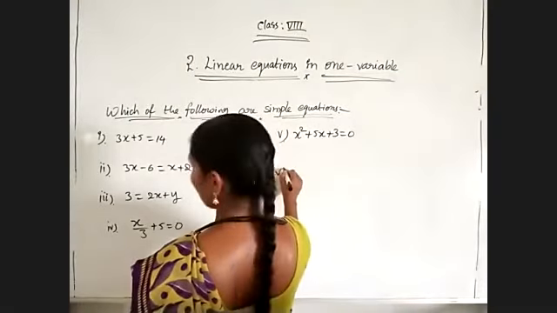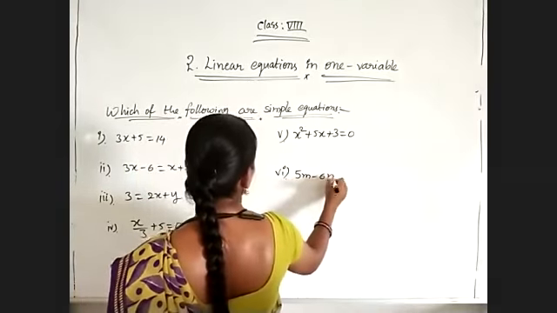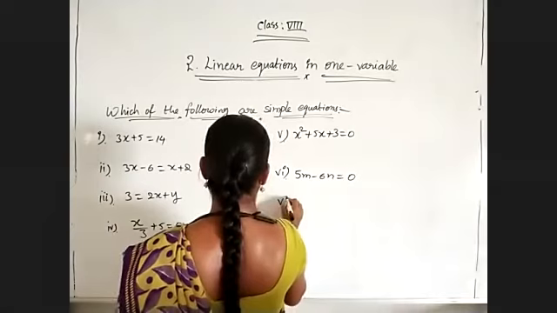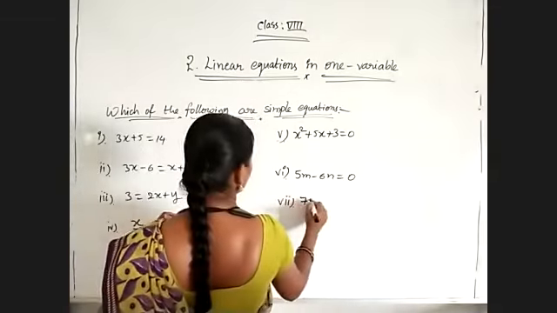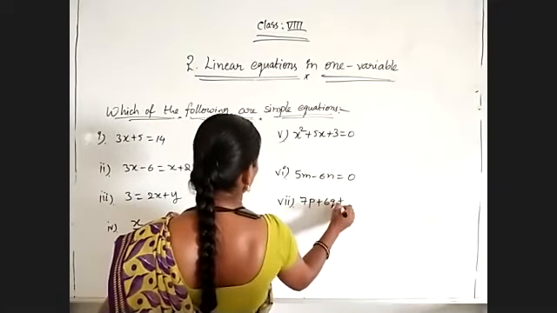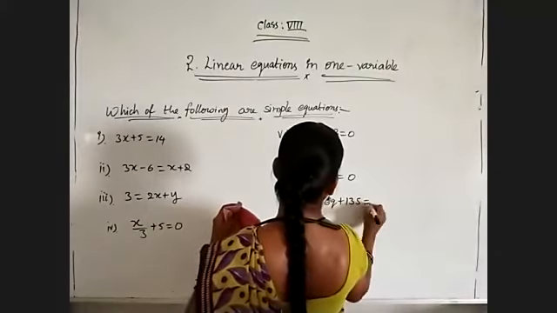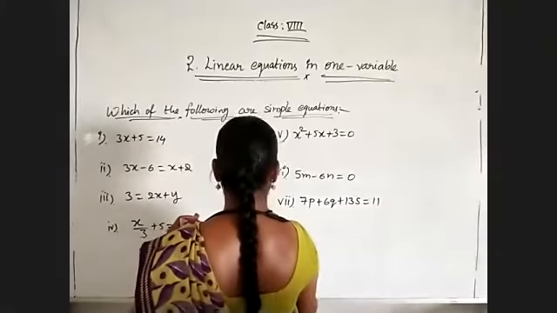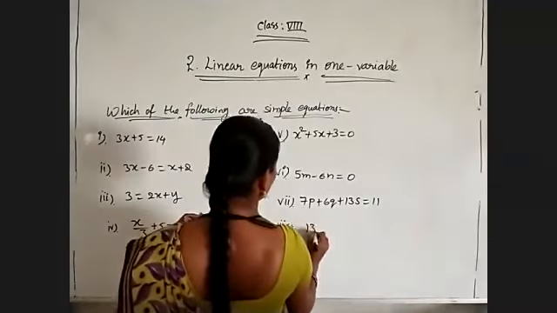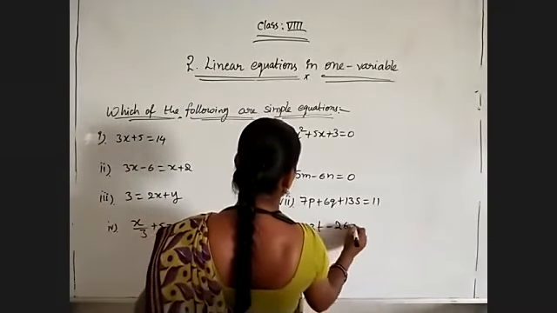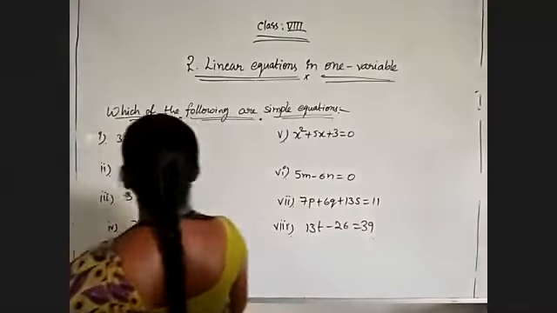And sixth question, 5n minus 6n is equal to 0. And my seventh question, 7c plus 6q plus 13s is equal to 11. And eighth question, 13t minus 26 is equal to 39. So these are the different types of equations.